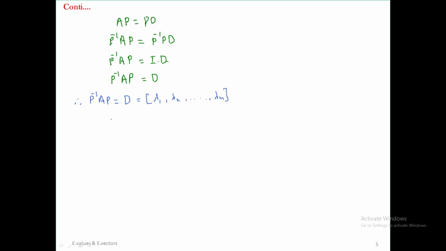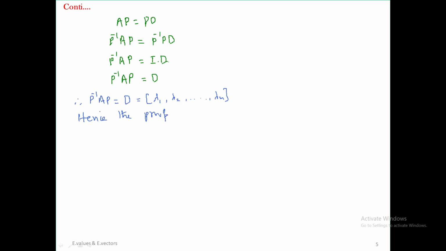What is our theorem? Our theorem is that a matrix P can be found such that P inverse into AP is a diagonal matrix. So hence the proof. Here what you have to understand is, if the matrix A is given to us, first you find all the eigenvalues.